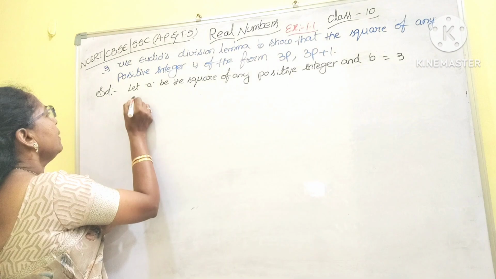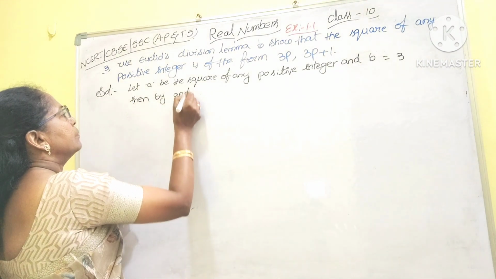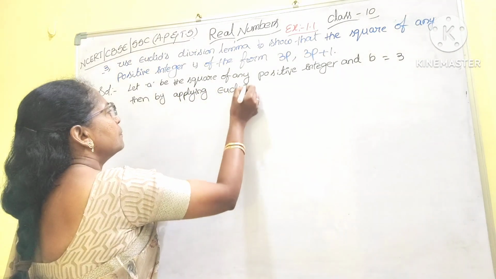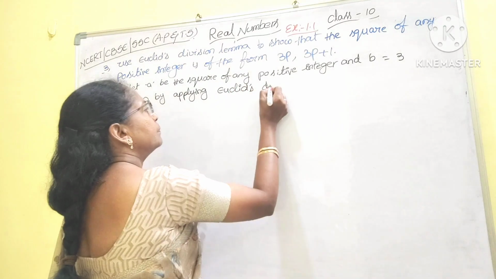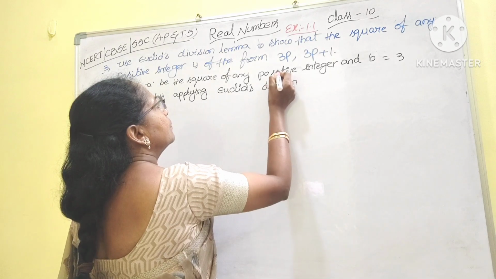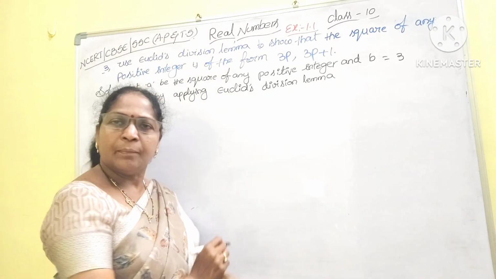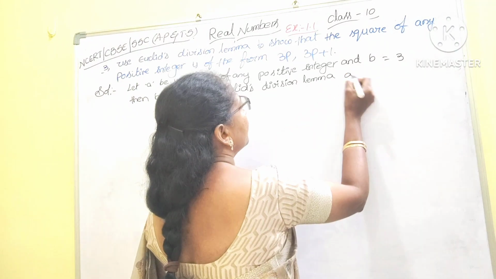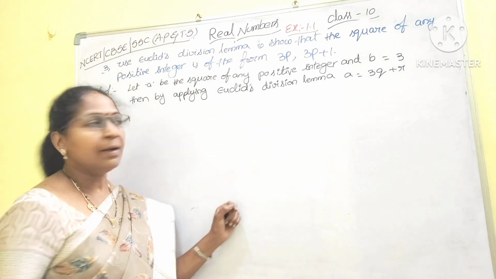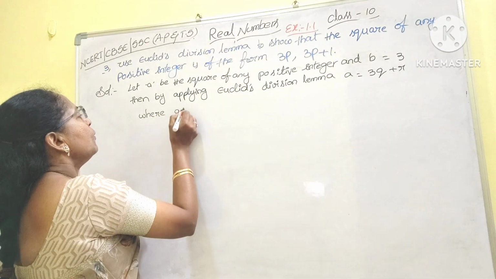Then by applying Euclid's division lemma, A equals 3q plus R, where Q is some integer.